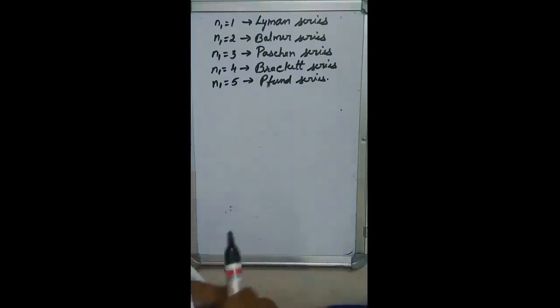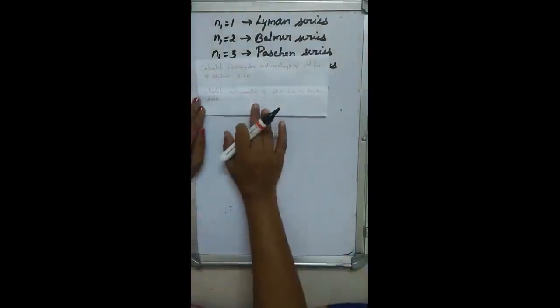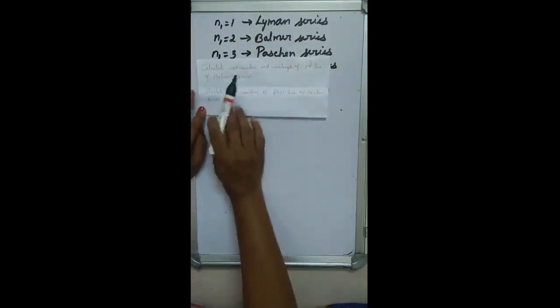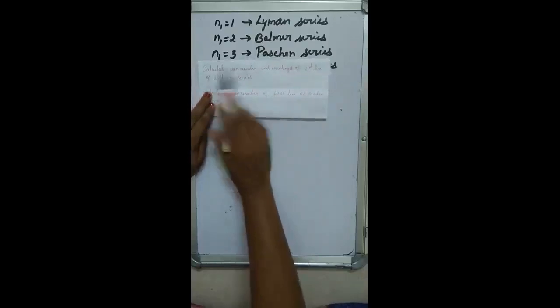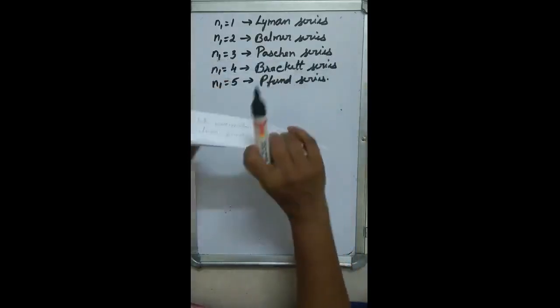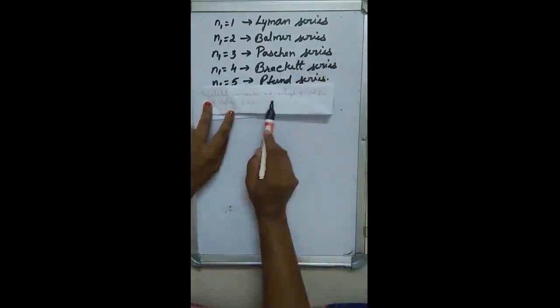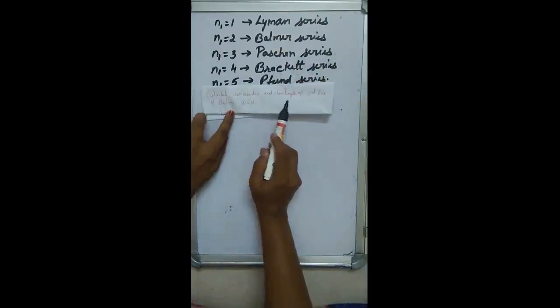Now questions. See here, this is a question. Now I will read out the question. First question: calculate wave number and wavelength of second line of Balmer series.